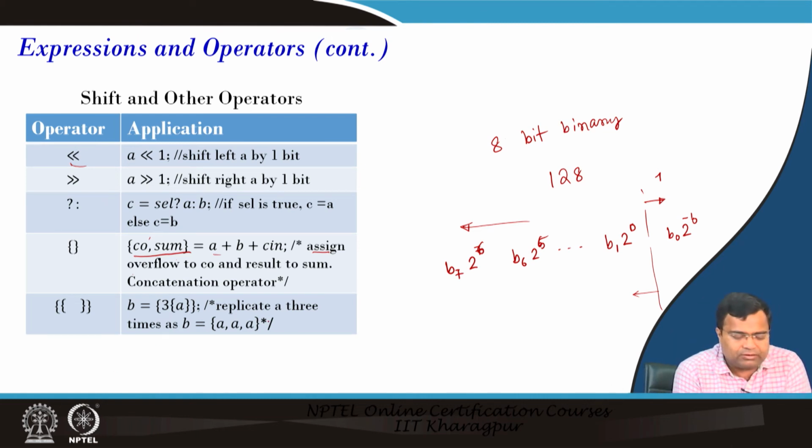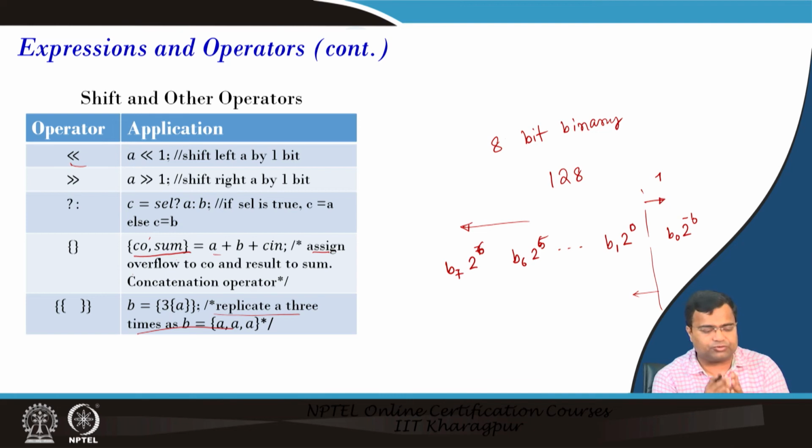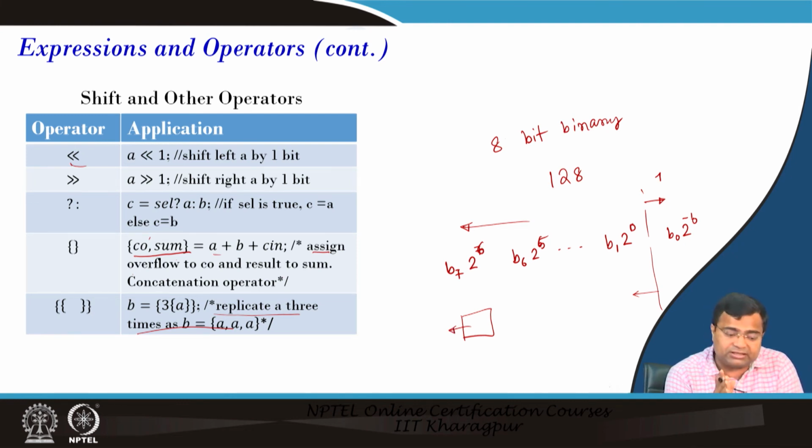Then if you do a 3 times replication, this concatenation operation, I will explain whenever we use it, because we need to extend the bits, that is, by the MSB. Particularly, this concatenation operation is needed for 2's complement when you do multiplication and so on.